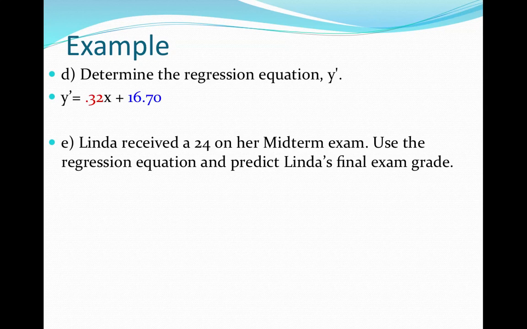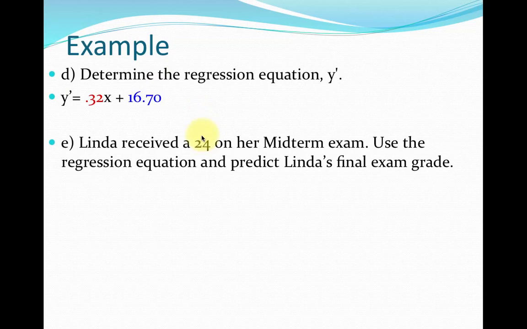Okay, so if we come up with an equation to use as a predictor, a linear model to use as a predictor, we can now answer a question based on predicting a final exam grade if we know the midterm grade. So Linda received a 24 on her midterm grade. Use the regression equation to predict Linda's final exam grade.